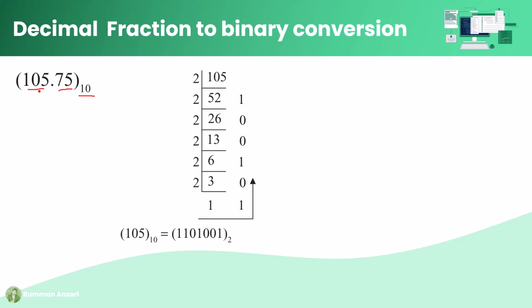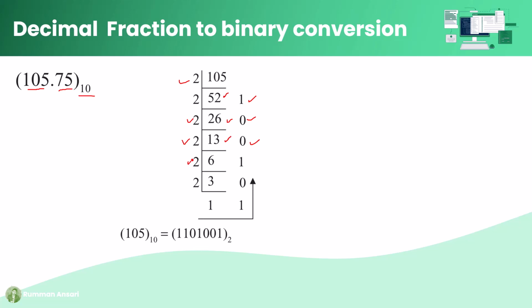For that, we have to divide this number by 2. If we divide it by 2, it will be 52 and the remainder will be 1. Again we divide by 2, the output will be 26 and the remainder will be 0. Again, dividing 26 by 2, the answer will be 13 and the remainder 0.